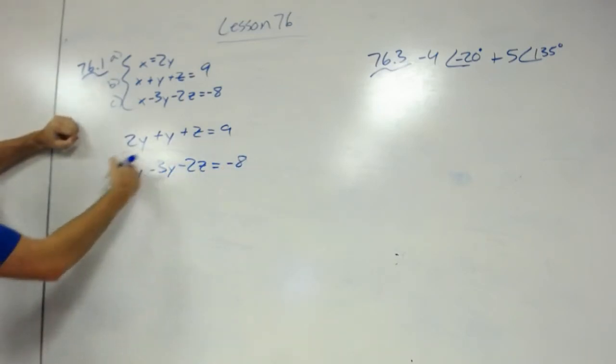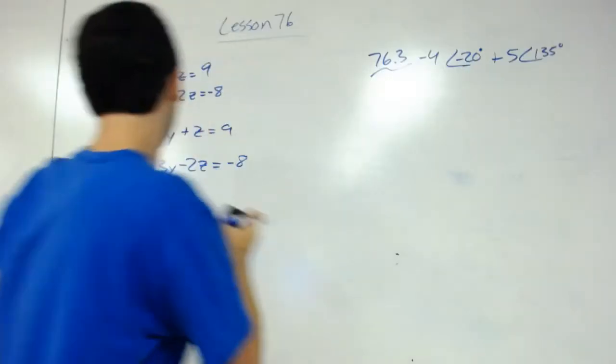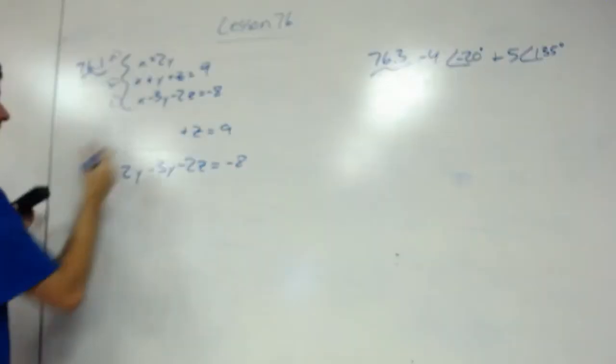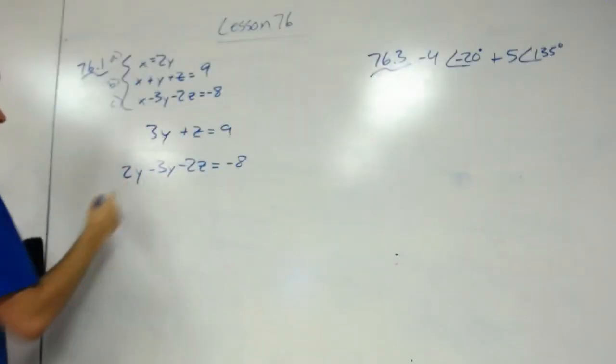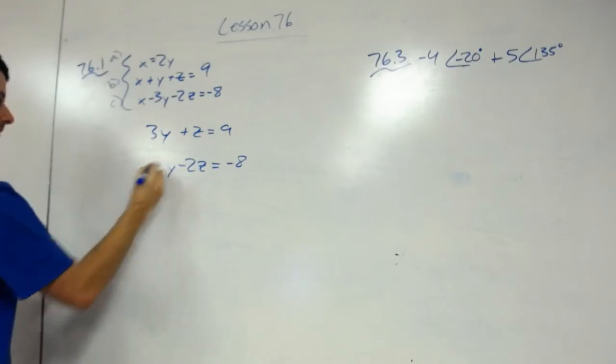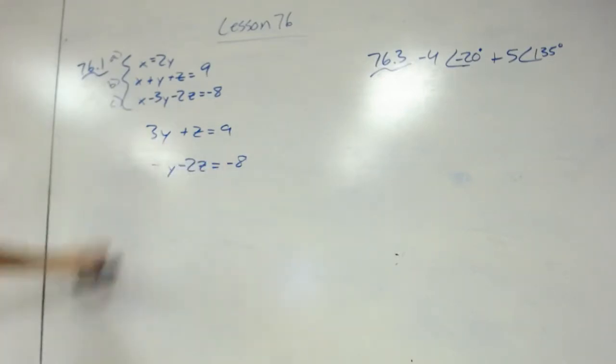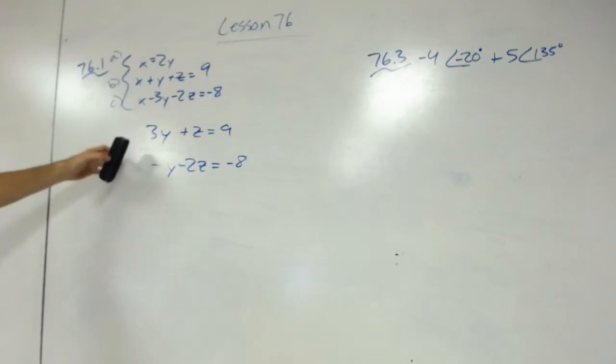We can simplify. 2y plus y is 3y. 2y minus 3y would be negative y. So now we have all that. And from there, you probably remember we can do substitution or elimination.